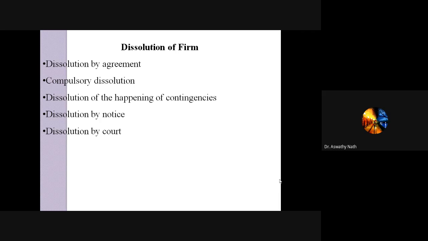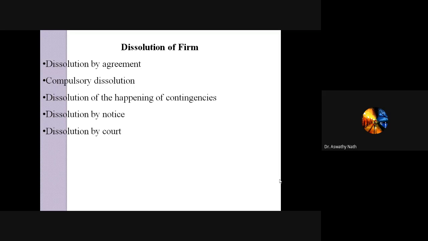In these cases, the partnership firm cannot continue, so they have to compulsorily discontinue the firm. So these are the cases under which the firm has to discontinue: all the partners, or all except one partner, becoming insolvent, or the business becoming illegal. These are the cases in which compulsory dissolution will take place.